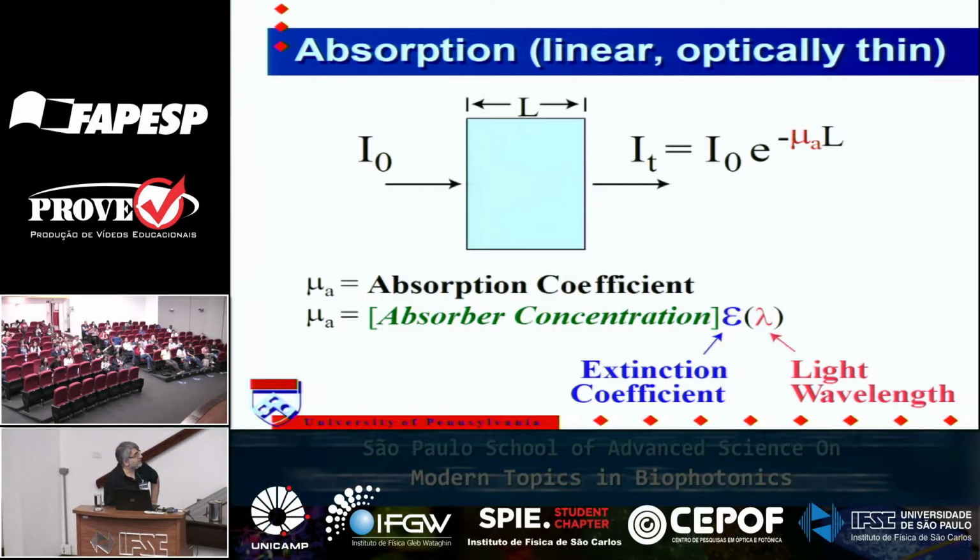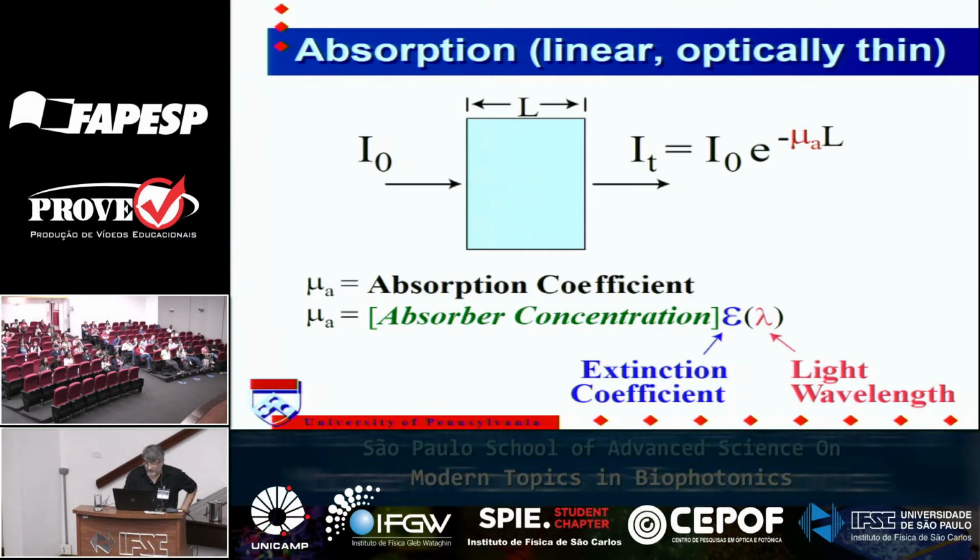It obeys this very simple, well-known law where it's exponentially attenuated. And this mu A is called the absorption coefficient, and it depends on the concentration of my absorbers in the medium and on their extinction coefficients, which also depend on wavelength. Okay, that's important.